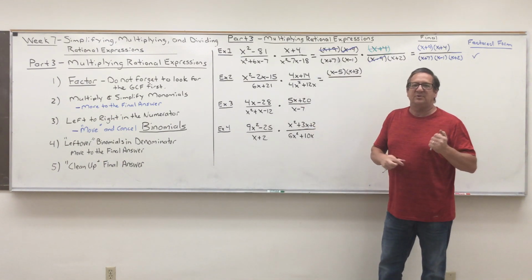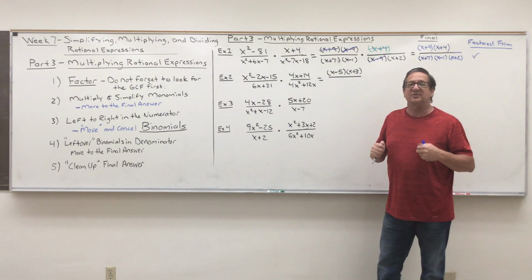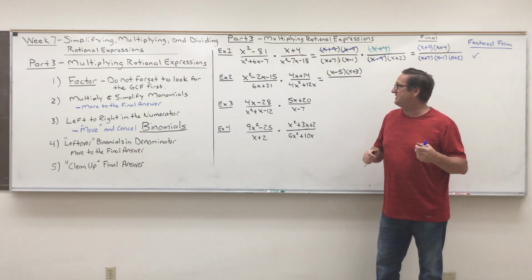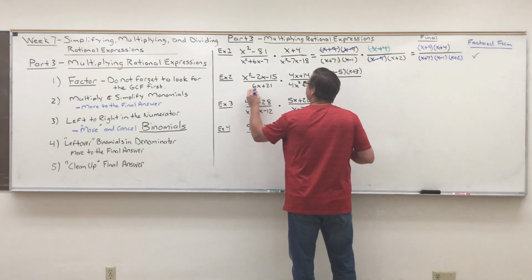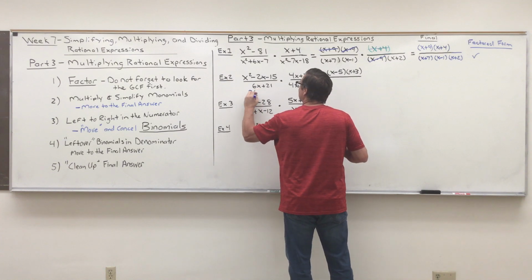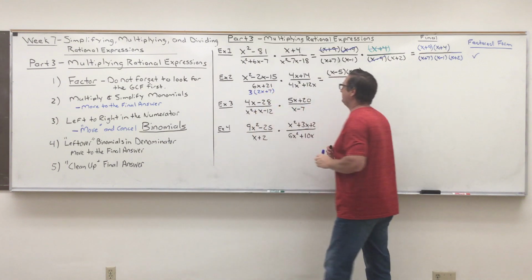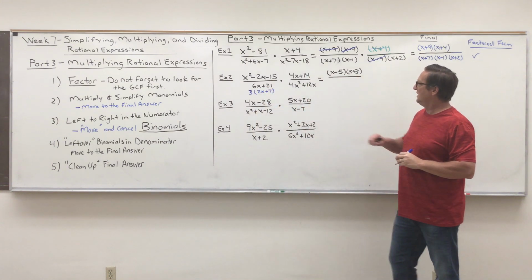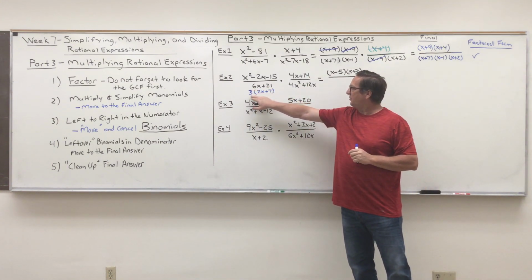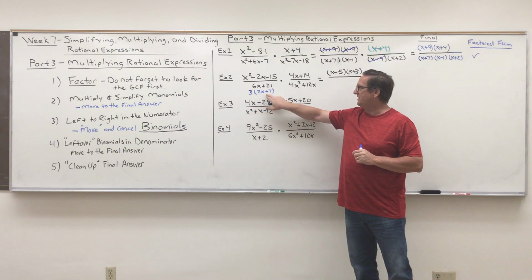Six x plus 21. What are we supposed to do with the binomial? We look for the GCF, and there actually is a GCF here. It is 3. So this is 3 times 2x plus 7.